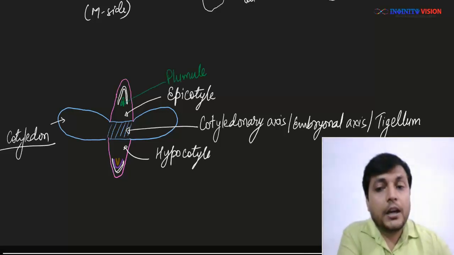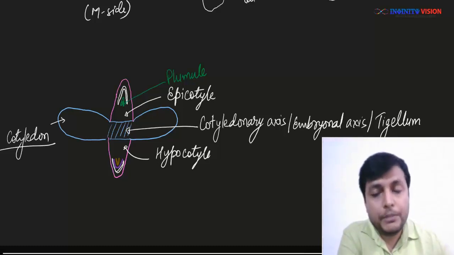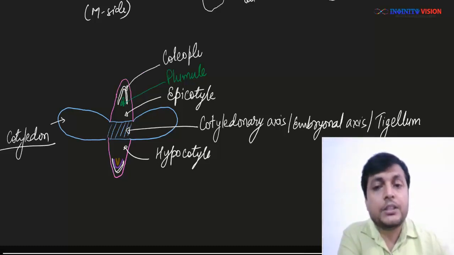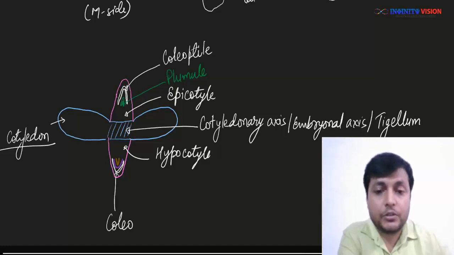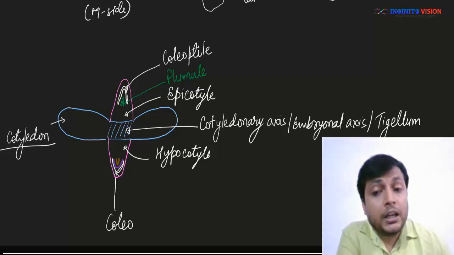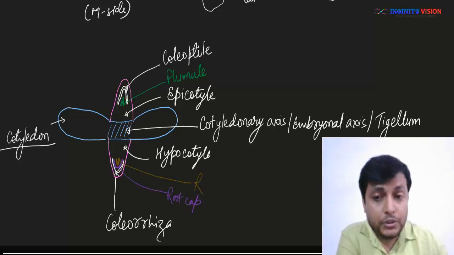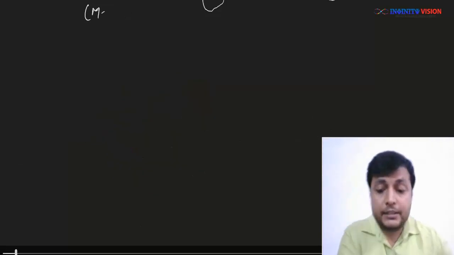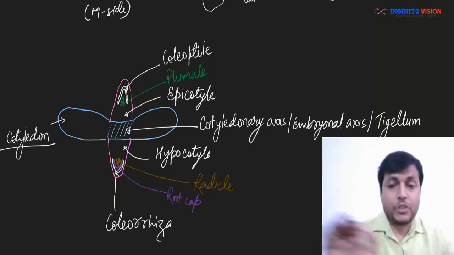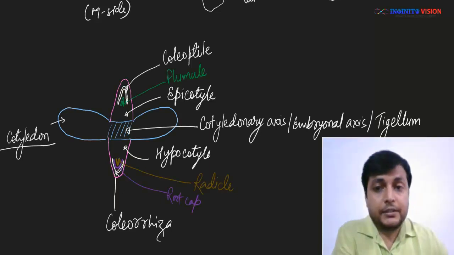Now, above the epicotyl, what you find is plumule and then this coleoptile. So plumule and coleoptile are found in the epicotyl region. Now, in or below the hypocotyl, what you'll find is coleorhiza, the root cap tissue, and the radicle. So root cap and radicle, correct?